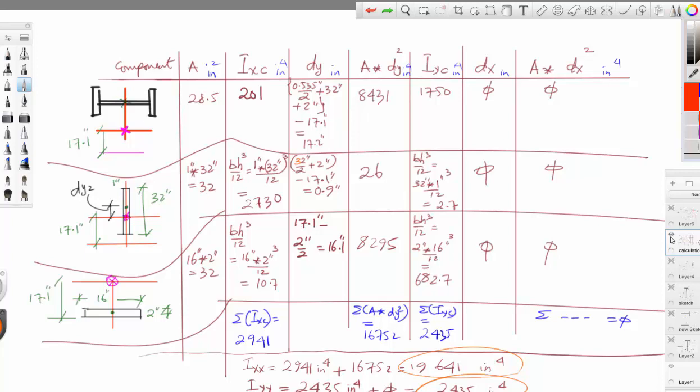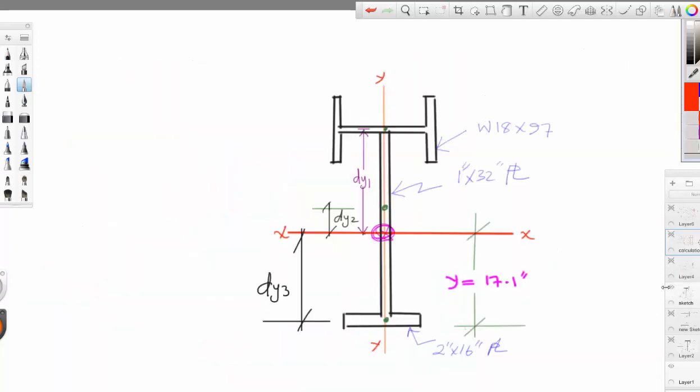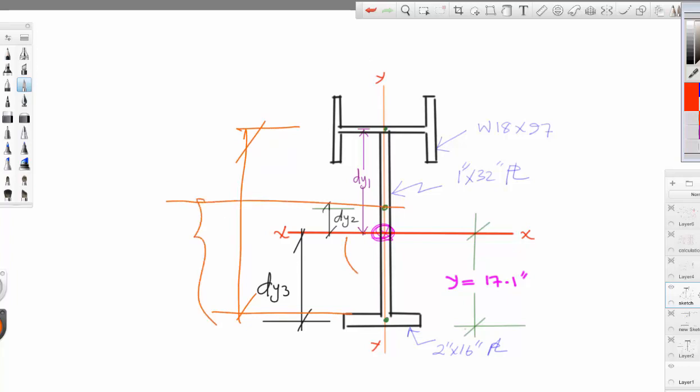So if we go back to the sketch here, we'd like to get this distance, dy2, from here to here. Meaning I need this distance, so I have the entire distance here, divide by 2, I get this point from here to here, and then I subtract this from it, I get this distance.